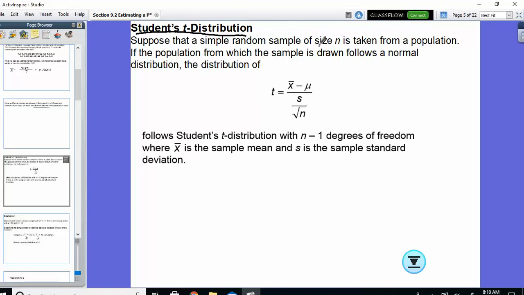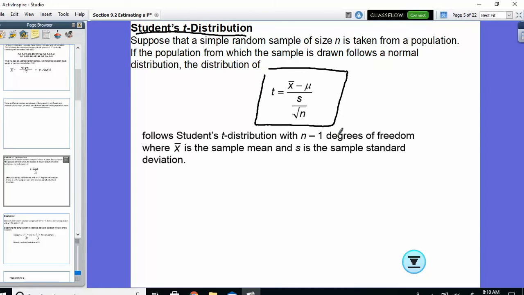In this, n is still your sample size, but if the original population is normal, so my pennies themselves, the weights are normal, then the distribution for their sample means for x bar will follow the t distribution.